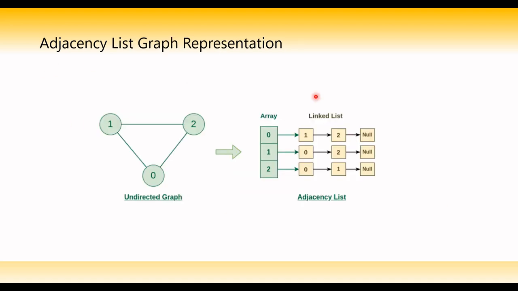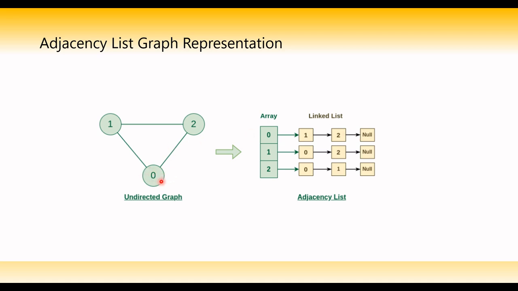Similarly, we can also represent a graph in the form of an adjacency list. So this is one of the common ways we maintain a graph. Here is an example of an undirected graph, and all the nodes are connected to each other. So we need to maintain 2 lists here. One is the list of vertices and the other is the list of nodes that the individual vertices are connected to.